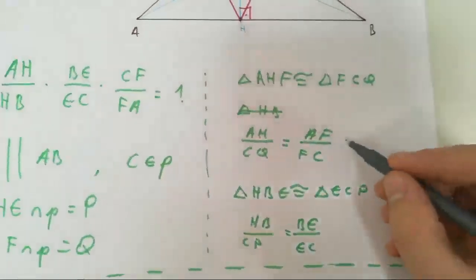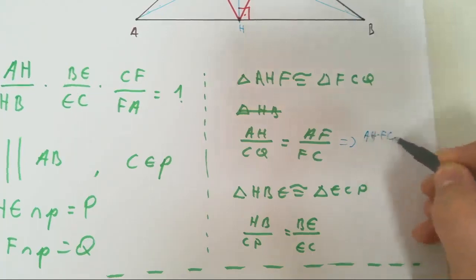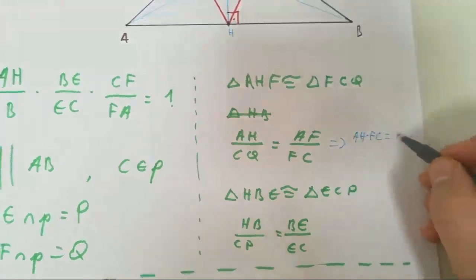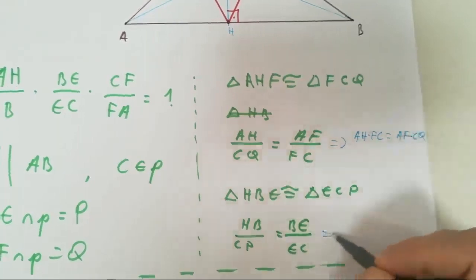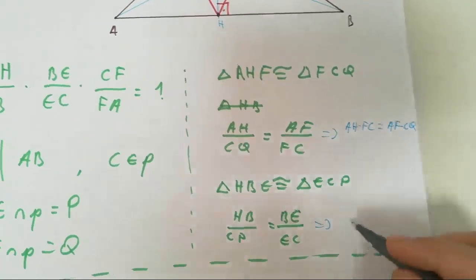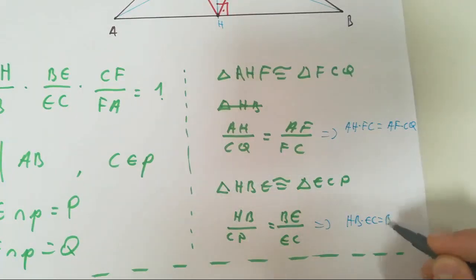Well, we can rewrite this equation as AH times FC equals AF times CQ, and the same for this triangle: HB times EC is BE times CP.